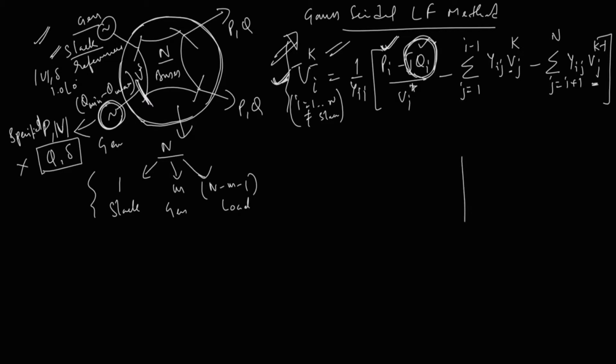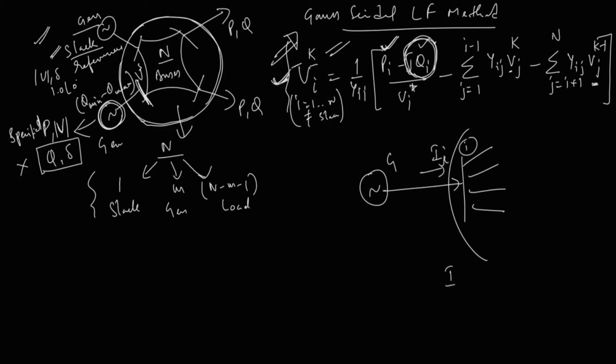Now assume this is a generator bus, and we know that the current injection, suppose this is the ith bus, is Ii equals summation j equals 1 to n of Yij Vj, right?